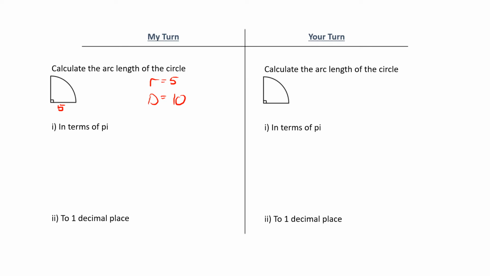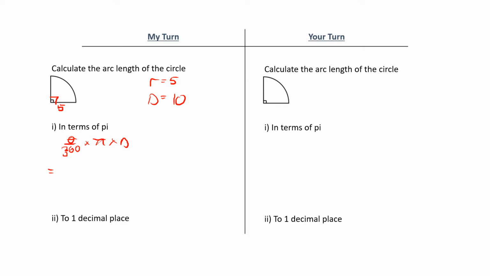When you're starting these, always start with your formula: theta divided by 360 times pi times diameter. Theta in this case, there's a little square there, so that means it's a right angle, so it's 90.